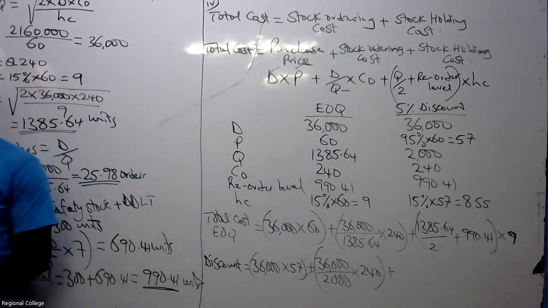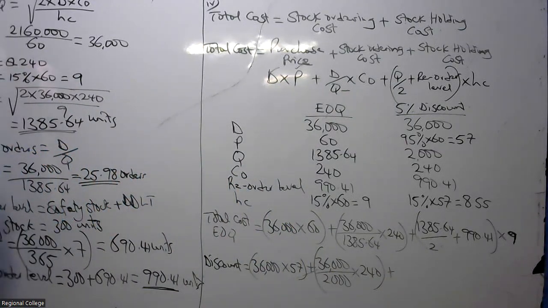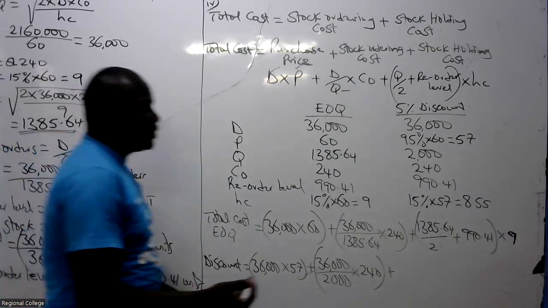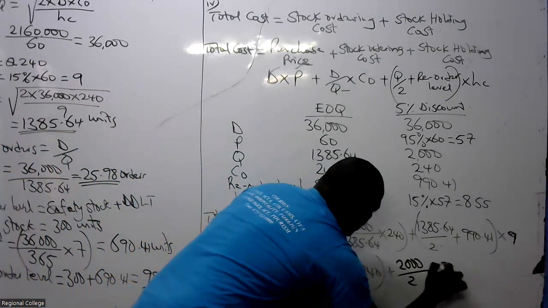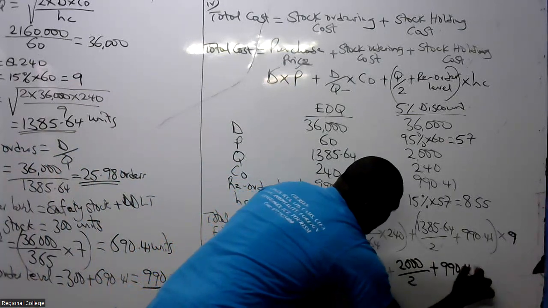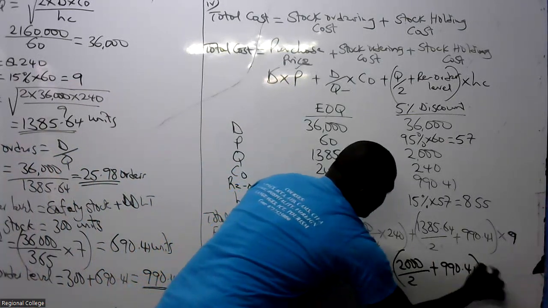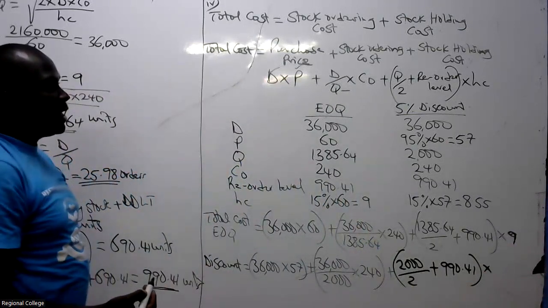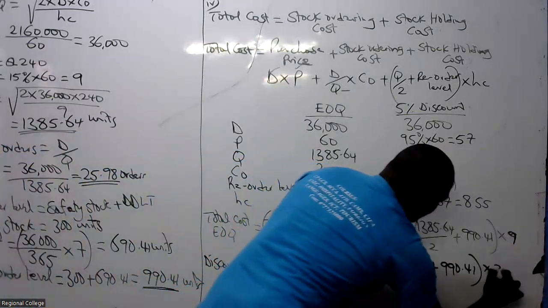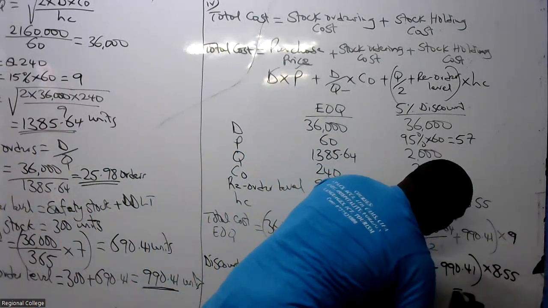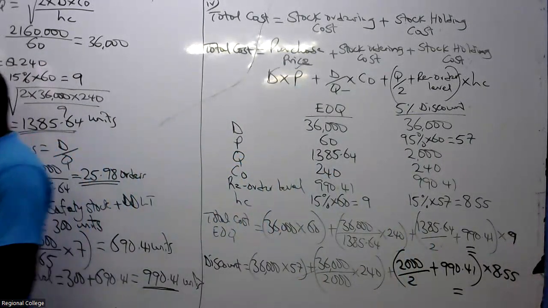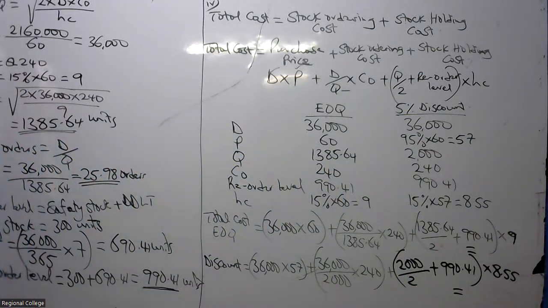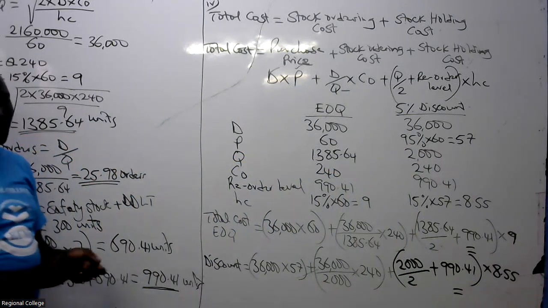Then plus 2,000 divided by 2 plus the reorder level of 990.41, and this one we multiply by the holding cost per unit, 8.55. Then you will have finished.